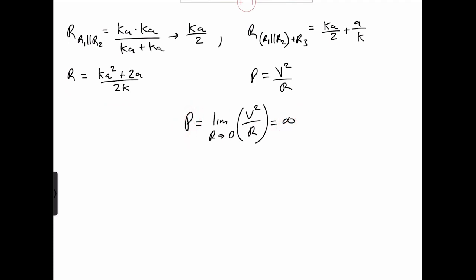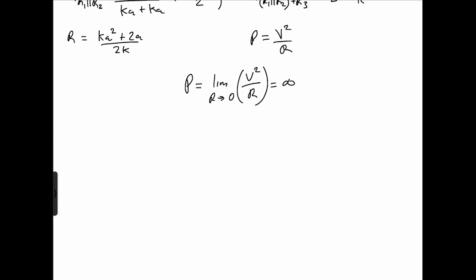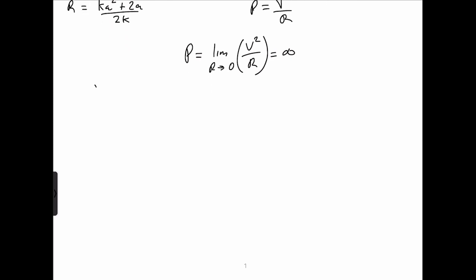To do that, we need to find the minimum value of R, and we can do this by taking the partial derivative of our equation R. The variable will be K, and we set that equal to 0 and solve for K. Technically, we're finding what constant K will produce the smallest value of resistance that will give the largest amount of power.